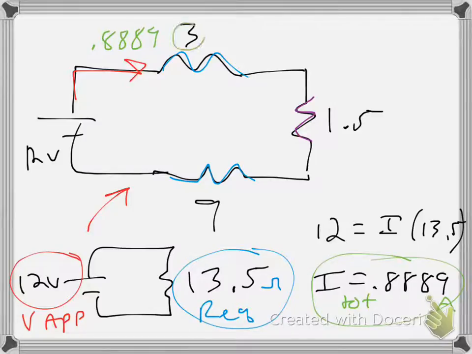I know resistance is 3, I know current is 0.8889, so I just multiply them together. 0.8889 times 3 gives me a voltage in this system of 2.6667. We keep going. 0.8889 also goes into this system. So 0.8889 times 1.5 is 1.333 or 1.334.